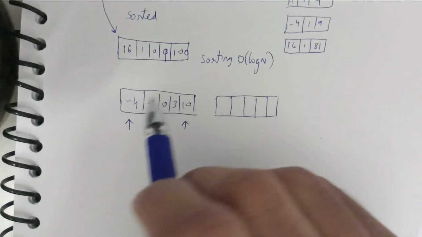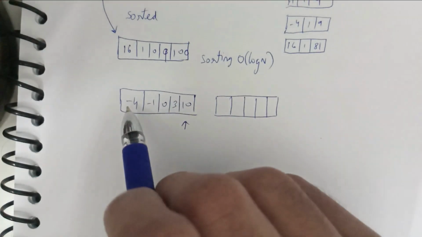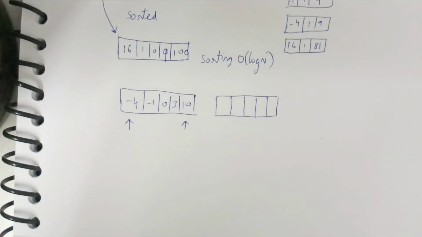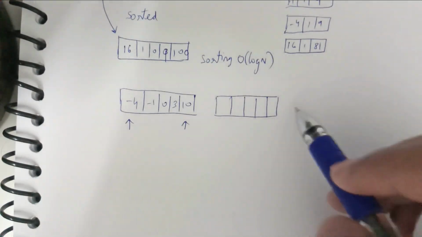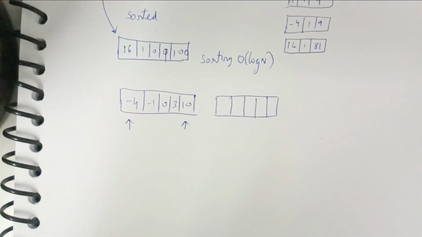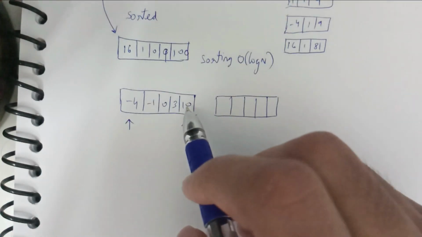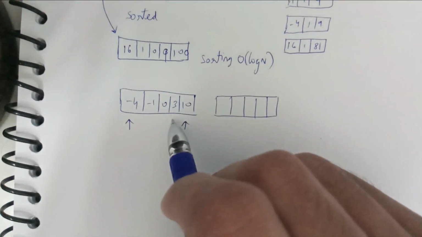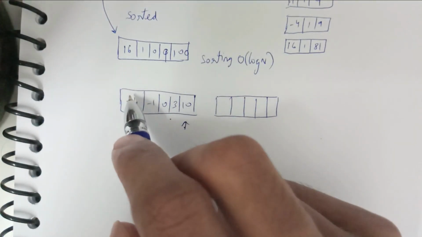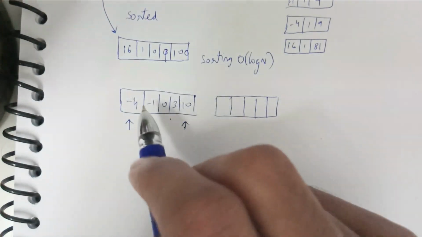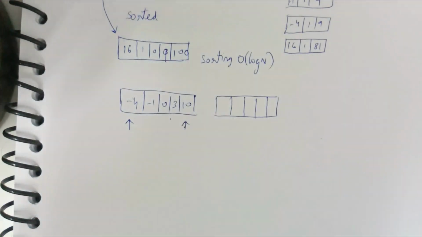Whichever is greater, we store that at the end of the array. If the right side one is greater, we store that and move this pointer to the left. But if the left side element is greater, we store this and we move towards the right.